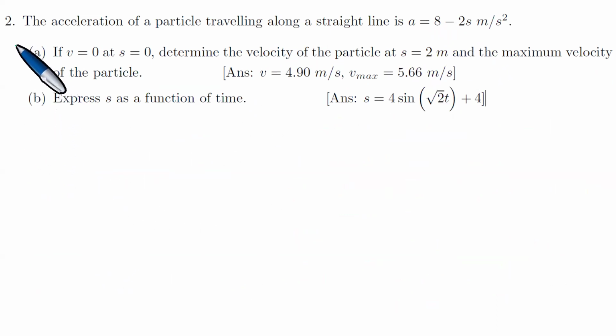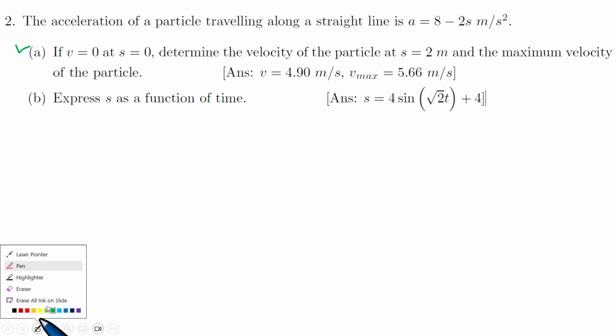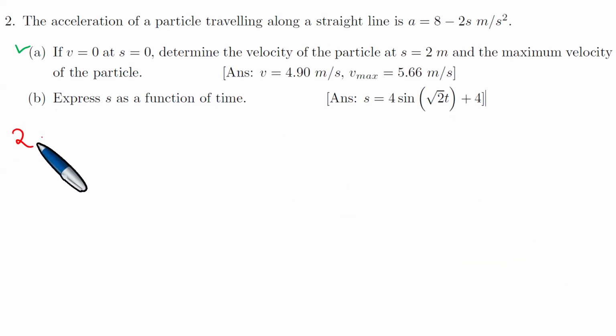So we shall first tackle part A. We're told that in 2a, the acceleration of a particle traveling along a straight line is a equals 8 minus 2s. If v is 0 at s equals 0, determine the velocity of the particle at s equals 2 and the maximum velocity of the particle.